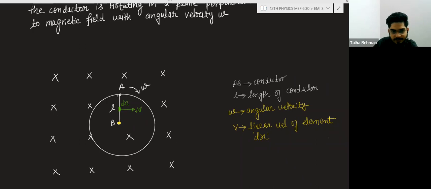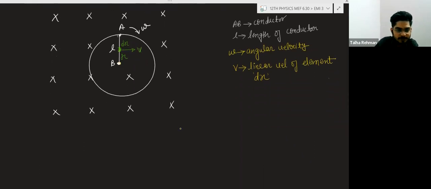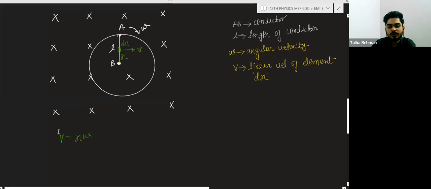Suppose from point B this dx is at a distance of small x. I have told you the relation between the linear velocity and the angular velocity, so v is x into omega. Instead of r here you will put x.